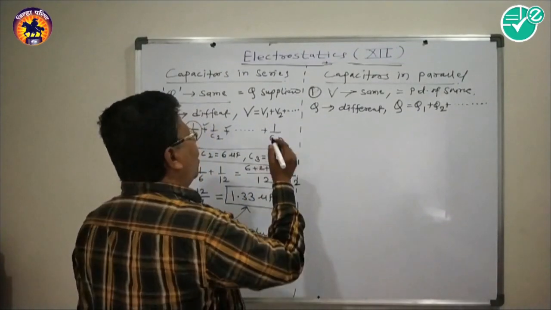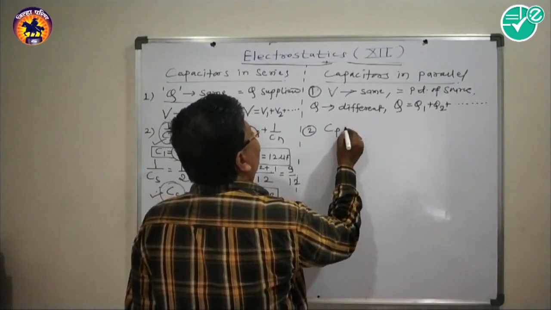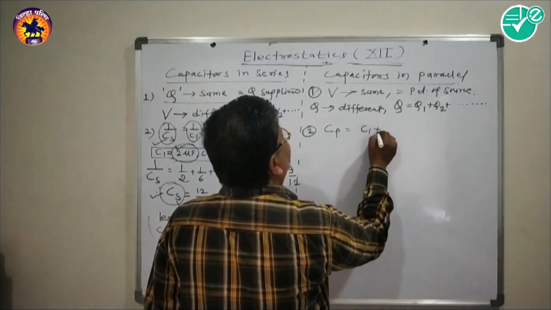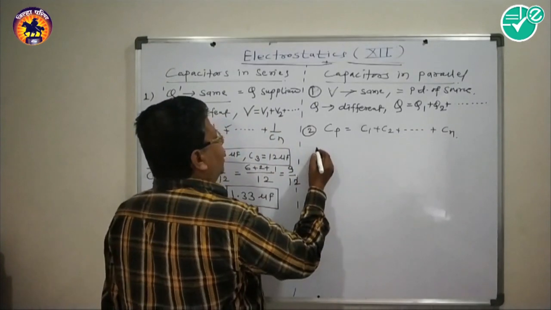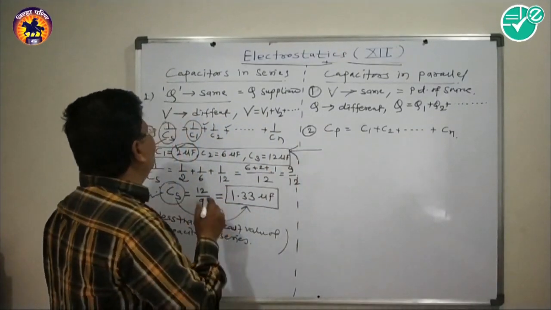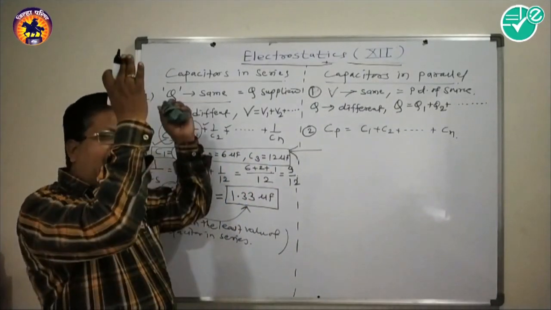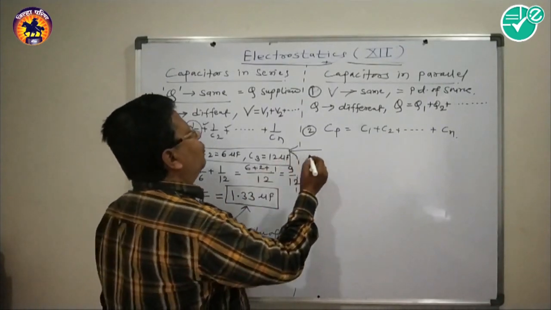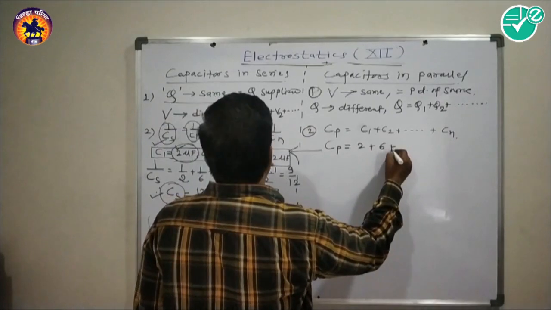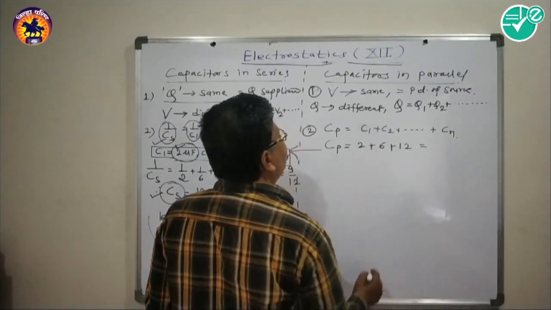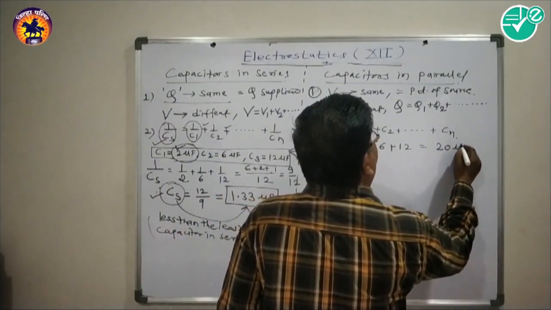And in case of parallel combination, second point, Cp is equal to C1 plus C2 plus dash dash dash plus Cn. Again, if we take the same values, 2 microfarad, 6 microfarad and 12 microfarad connected in parallel, then the equivalent capacitance Cp is equal to 2 microfarad plus 6 microfarad plus 12 microfarad, which comes out to be 20 microfarad.